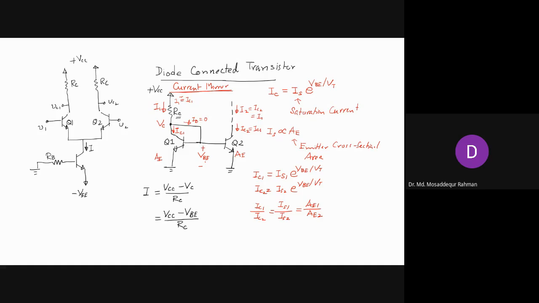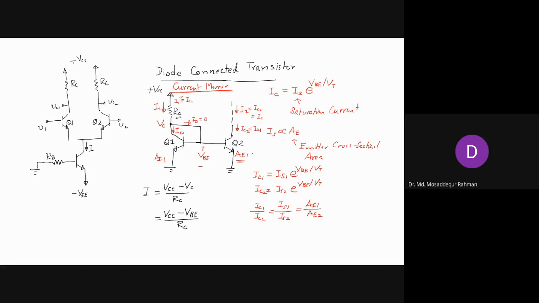So the main beauty here is we can easily adjust this current by setting the value. Let's say this is AE1 and this is AE2, right?